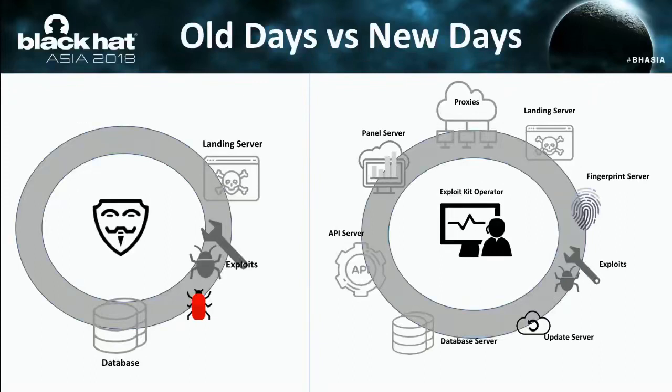All these exploit kit attack infrastructures are very simple, like they only have some panel server, exploits, payloads, and the database. These nowadays exploit kits share almost the same design of the attack infrastructure. So we believe that the attack methods we propose today can also be used for other exploit kits as well.